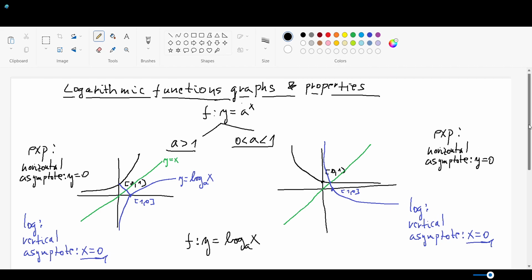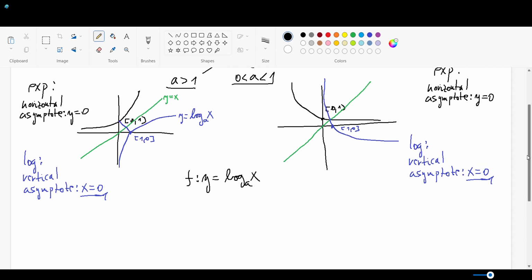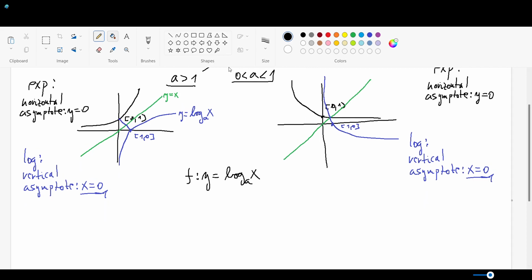Okay, so now let's have a look at the properties of our logarithmic function. Basically, you can see the domain of the function. The domain of the logarithmic function is equal to the interval from 0 to infinity.